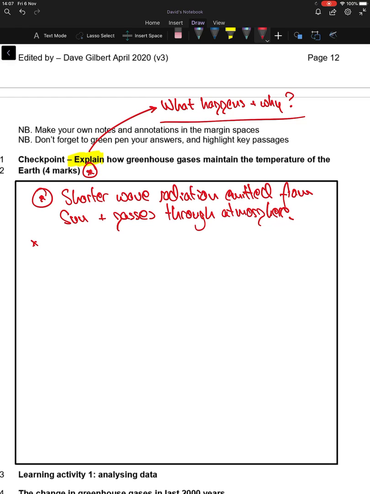Now, the Earth emits this as a long wave radiation.